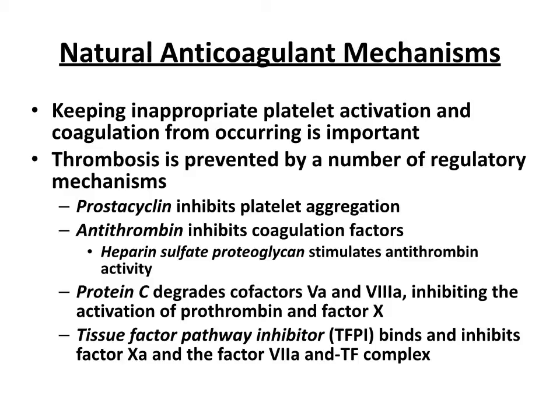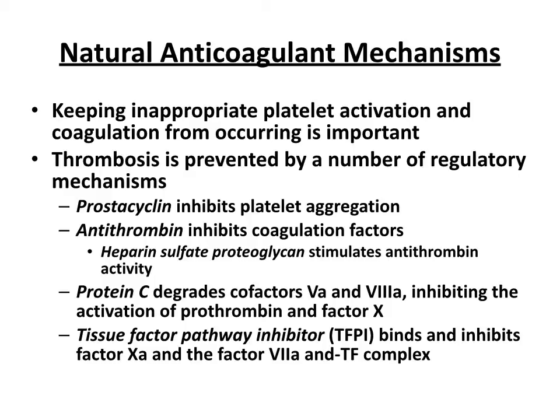Antithrombin is involved in inhibiting coagulation factors, and in particular heparin, you guys have, I'm sure, already heard of. Heparin, anticoagulant. Heparin stimulates antithrombin activity. So what heparin is doing is it's stimulating the inhibition of coagulation factors, okay, to stop inappropriate coagulation.